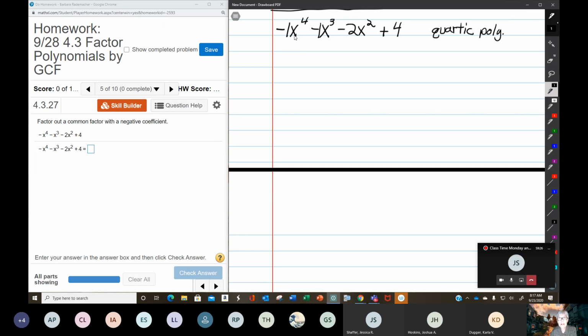So this is -1 times x to the 4th, minus 1 times x to the 3rd, minus 2x squared, plus 4. That's what that is. So what I'm going to do is write this with the invisible plus signs.